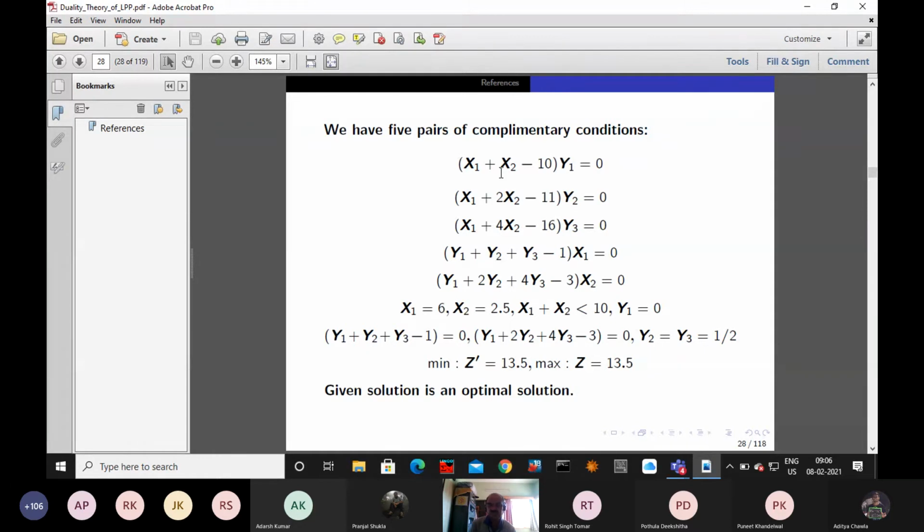Okay. So we have checked the first three. What have you got? y1 equal to 0. Second one, we are saying y2 is not equal to 0, because the product equal to 0. Similarly, y3 is not equal to 0.